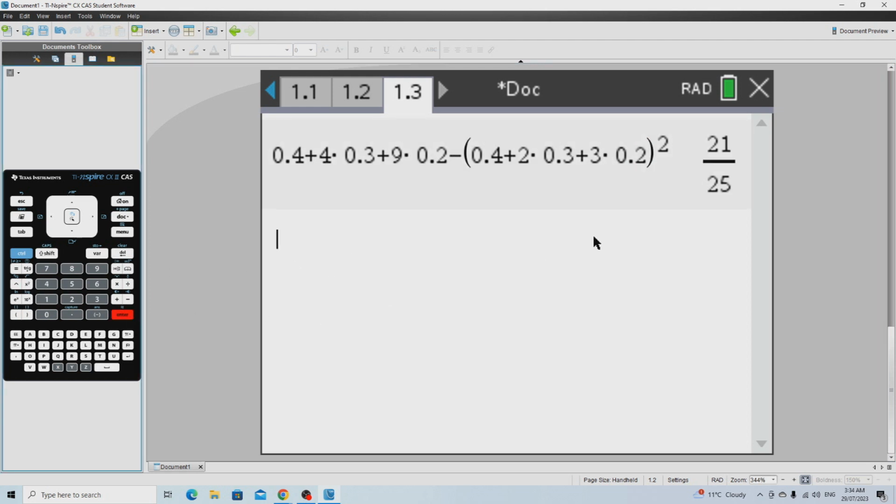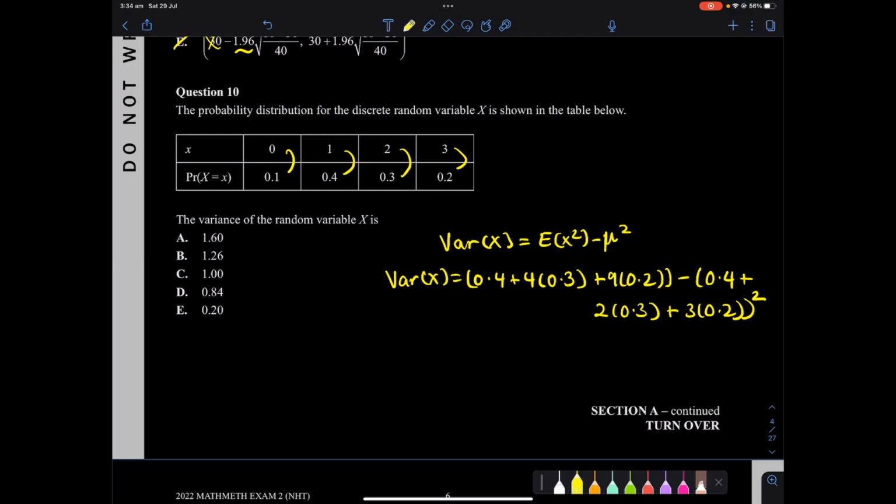Your answer is 21/25, which is 0.84. So D is your answer.